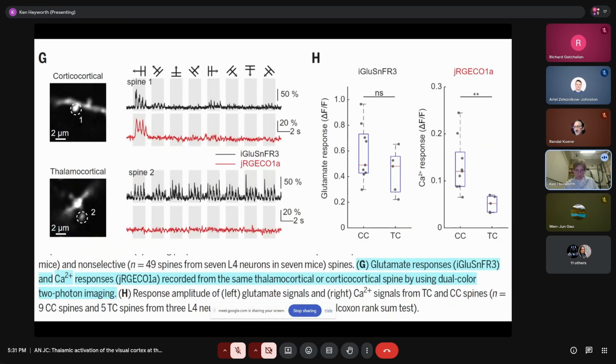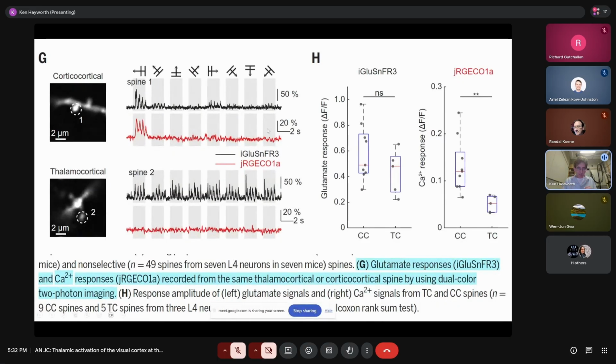And one of the things that they did here, in a different experiment, is they find in the same experiment in the same cell the glutamate sensor iGluSnFR3 with the calcium indicator RGECO1a.